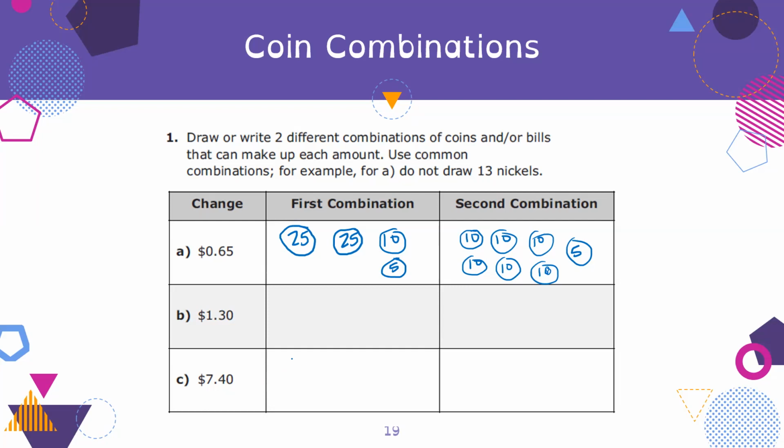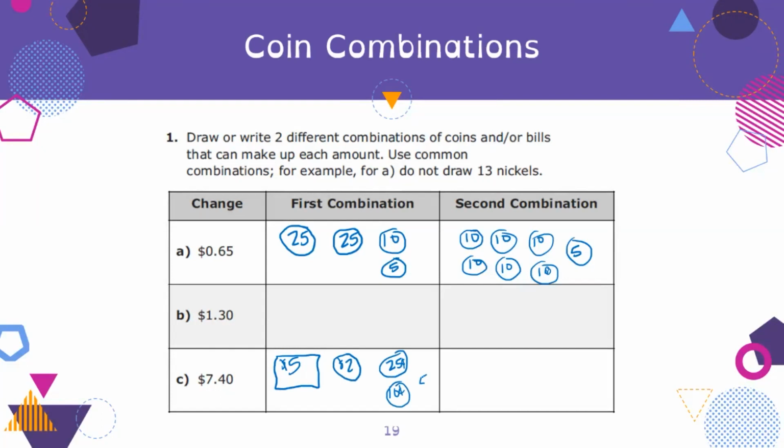So I would use a $5 bill. And then I would use a toonie. So that's $7. And then for 40 cents, I would use a quarter. So that's 25, and then 10 cents a dime.